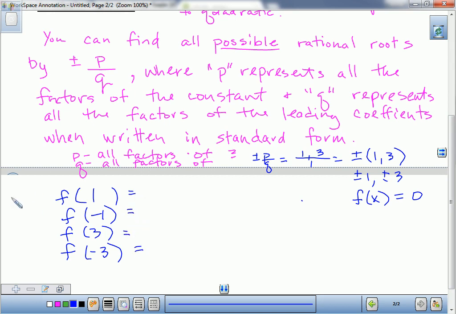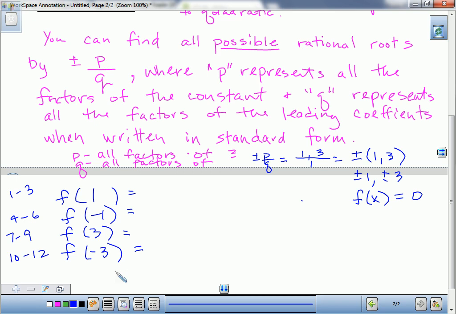Okay, if you were born January through March, you test f of 1. If your birthday falls April through June, you test negative 1. If you're July through September, you test 3. And if you're October through November, you test negative 3.